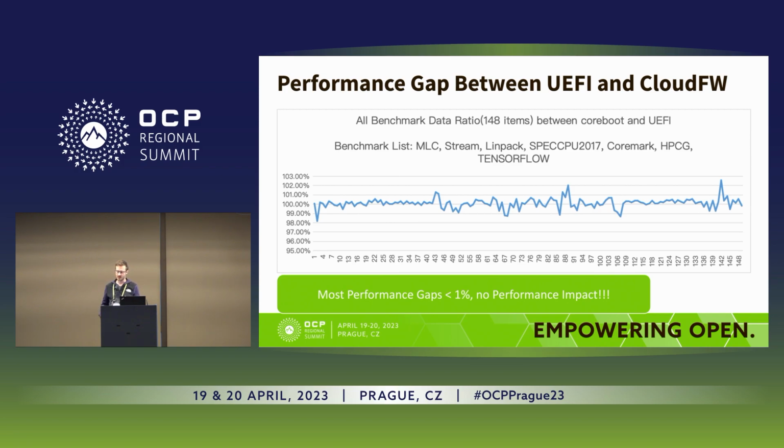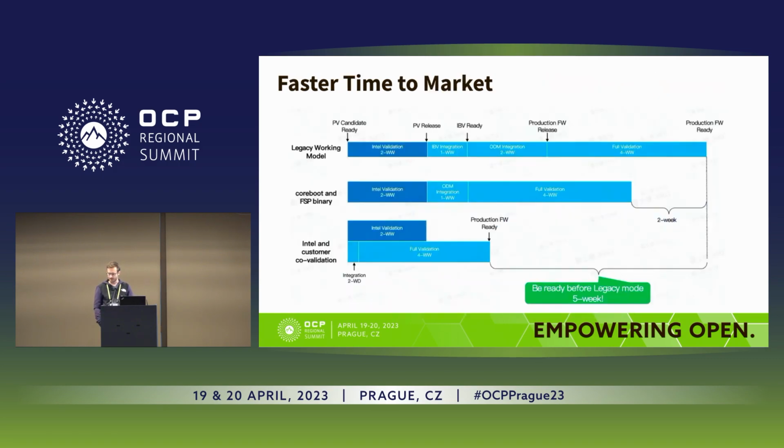If the percentage is under 100, the UEFI solution performed a bit better, and if it's over 100, the coreboot solution performed a little bit better. The overall average is really under 1%, so you could say that there's no performance impact at all.